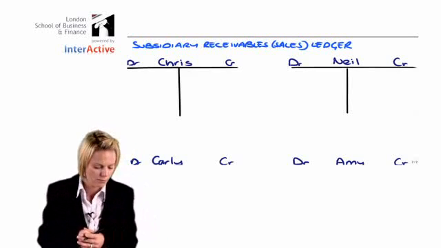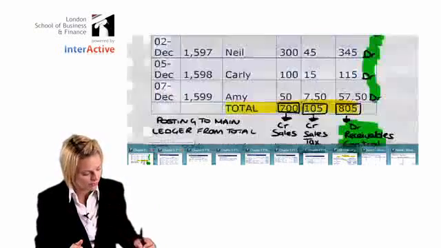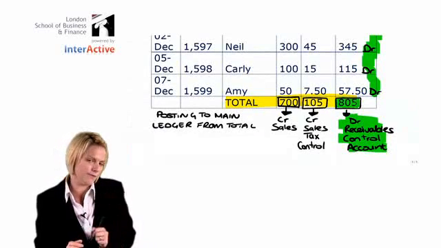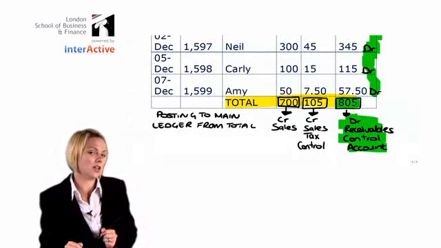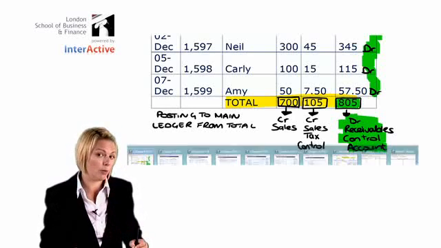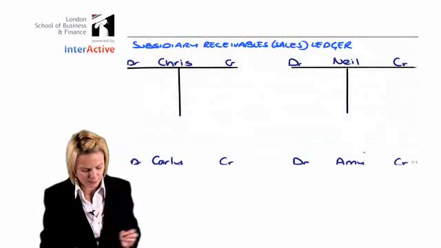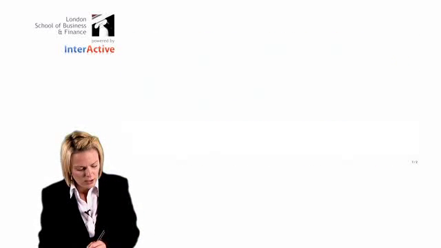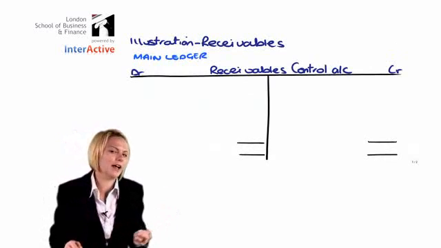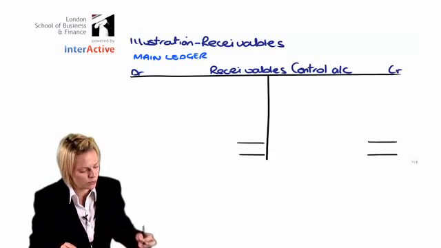Now, we said from the sales daybook in your notes that we're going to post $805 on the debit side of the receivables control account. And that's precisely what we're going to do. So, we're not worrying with sales or sales tax because we dealt with that in earlier sessions. The focus of this really is the effect on receivables.